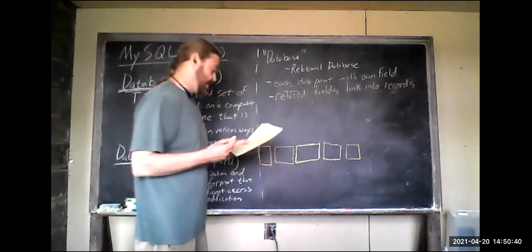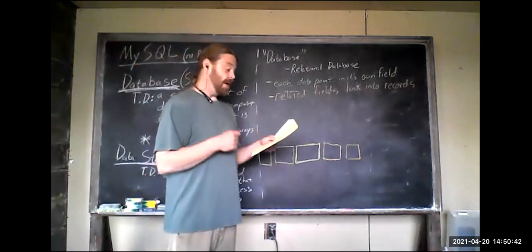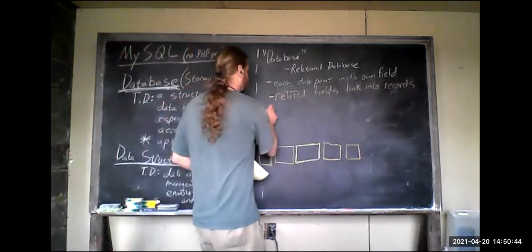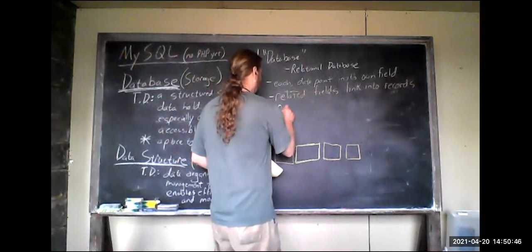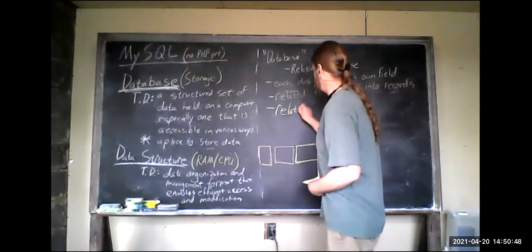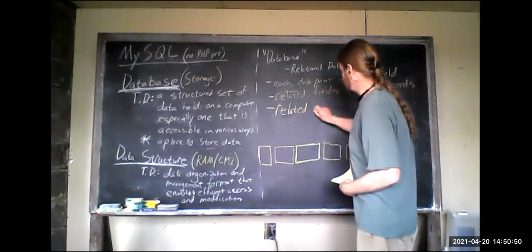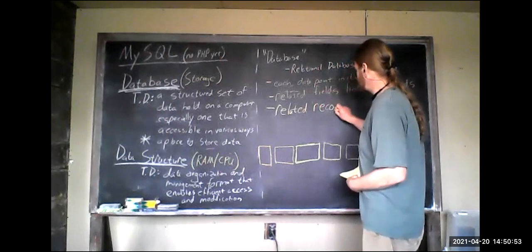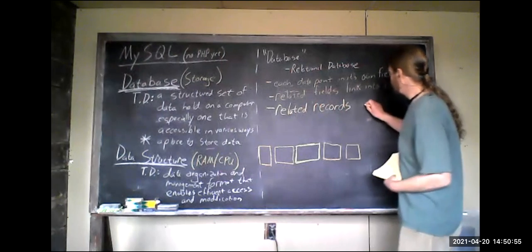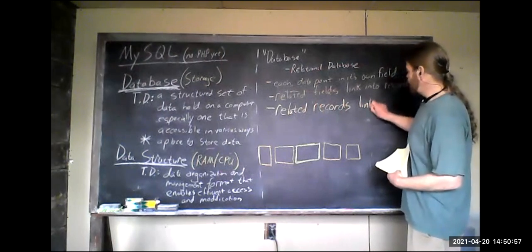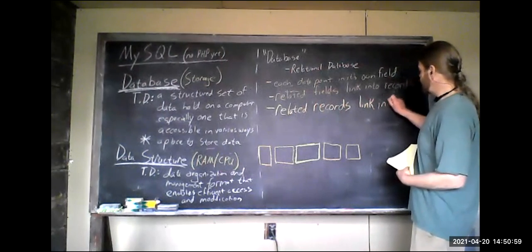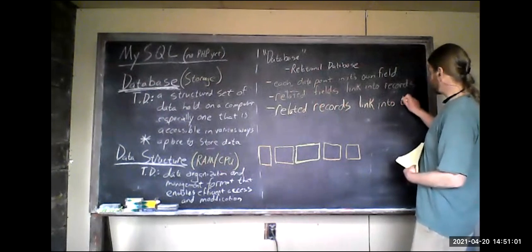Another color. Then related records link together as tables. Link into tables.